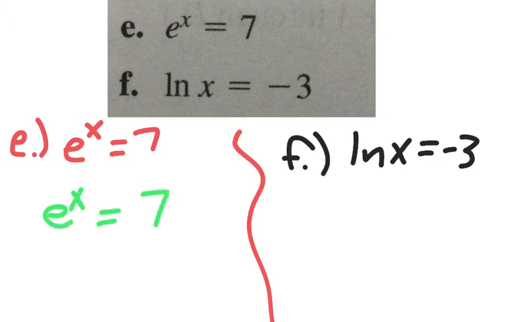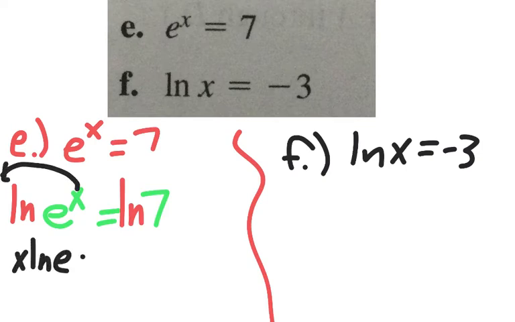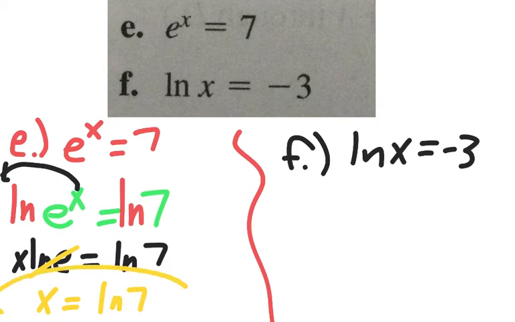I need to move the exponent out front as multiplication. X times the natural log of E equals the natural log of 7. Natural log and E are inverses, so that becomes a 1. So X is the natural log of 7.